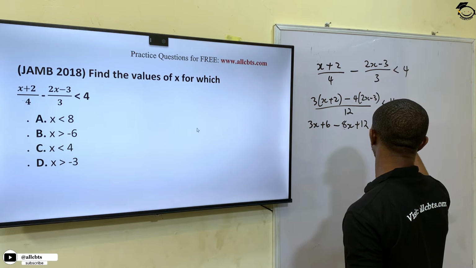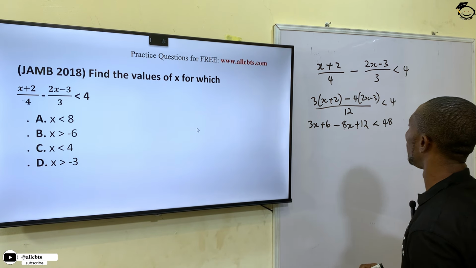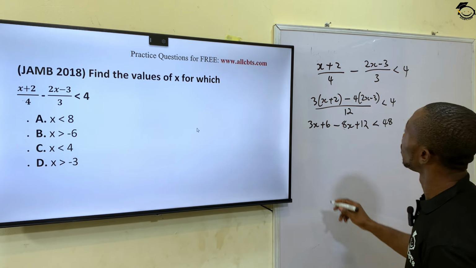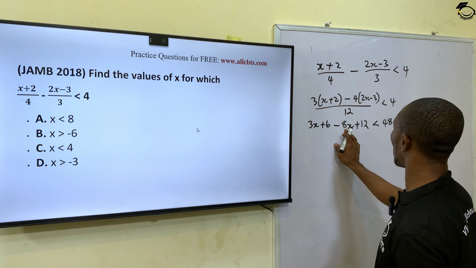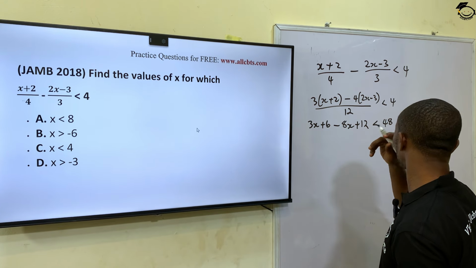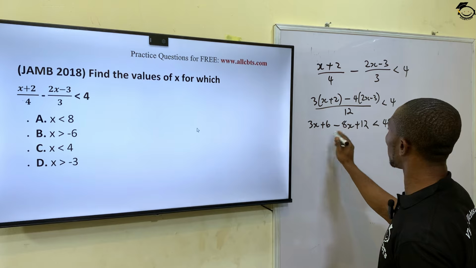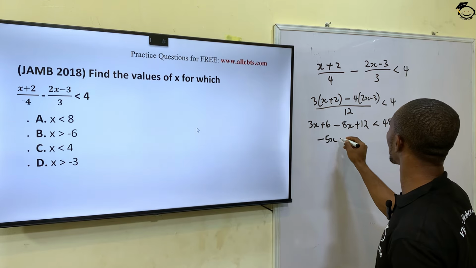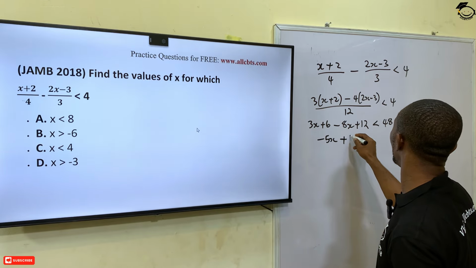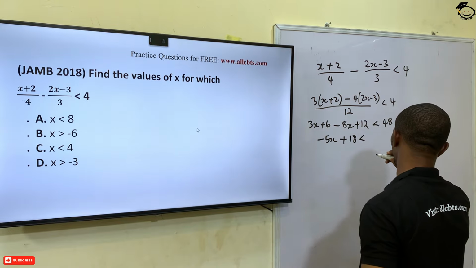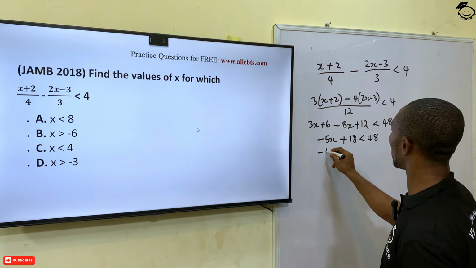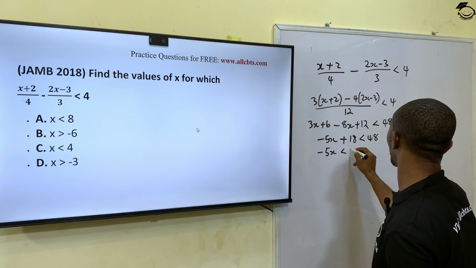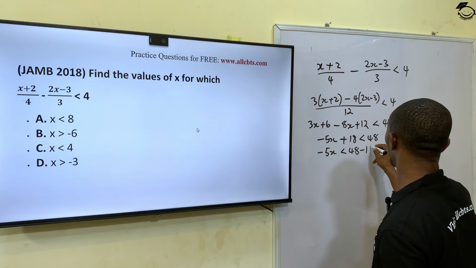4 times 12 will give us 48. Now collecting our like terms here, 3x minus 8x will give us minus 5x plus 18 is less than 48. So this becomes minus 5x is less than 48 minus 18.